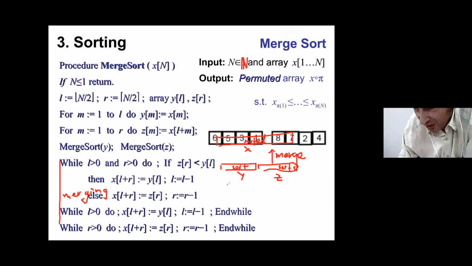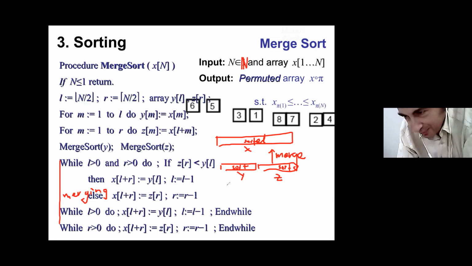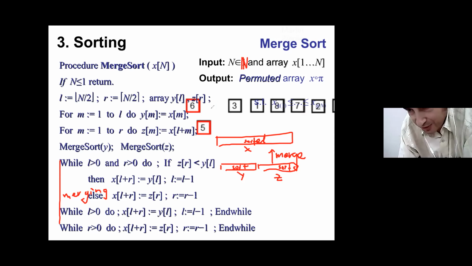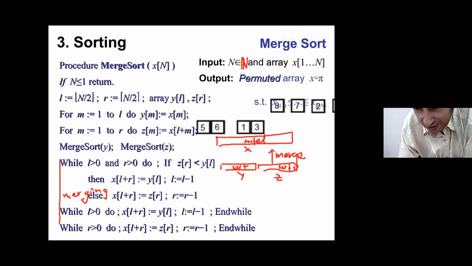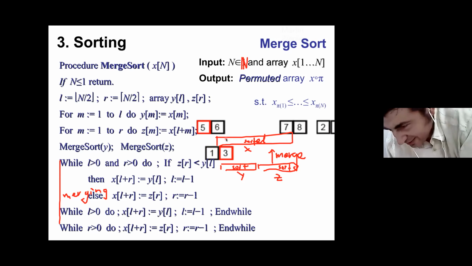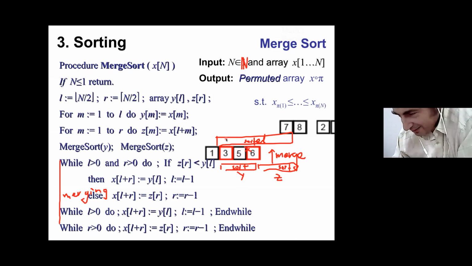We split the array into halves and then into quarters, and then we sort these pieces. Then you need the merging procedure, which always compares the first element of one side with the first element of the other side, and takes the smaller one over. I remind you that the code here does it from the other side: it merges from the right, while the animation merges from the left. But both methods are equivalent, so they have the same complexity.